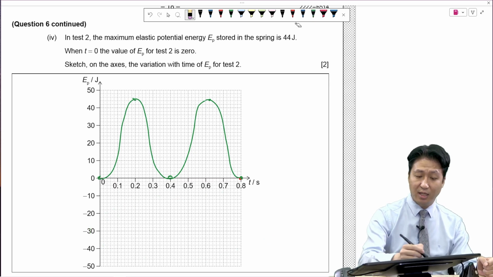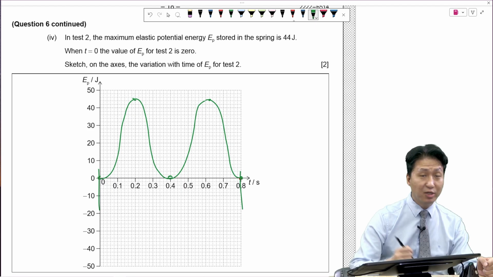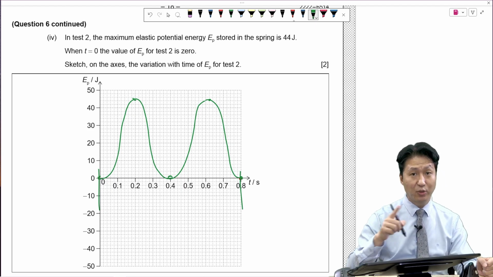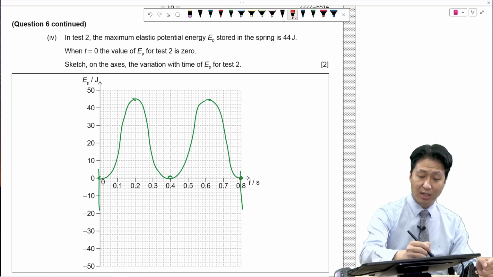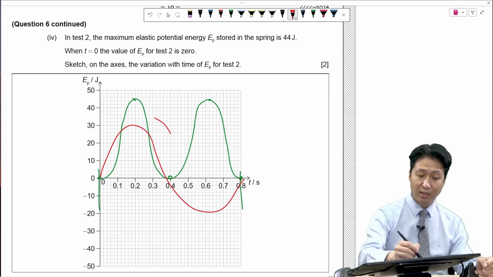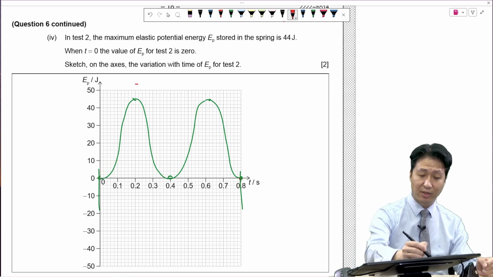Second, even though the period for the oscillations is 0.8 seconds, for the energy it's only half as much because it corresponds to the displacement, which goes something like that. Positive displacement, you have positive potential energy. Negative displacement is still positive.